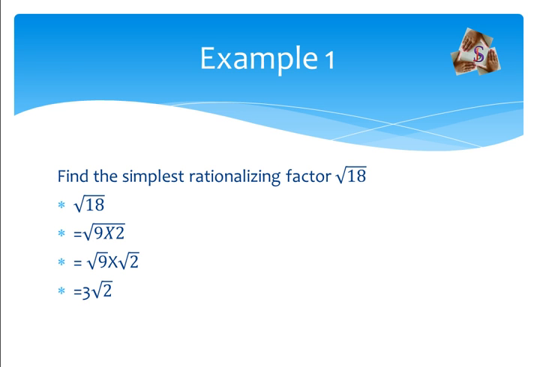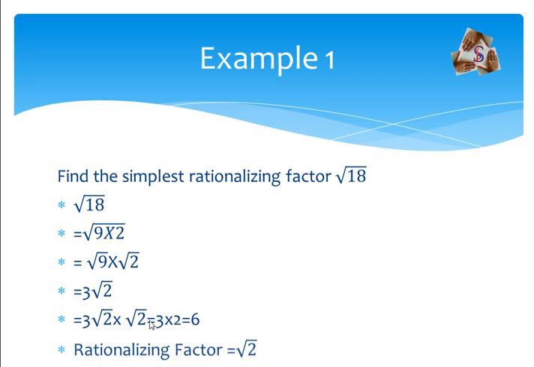So I will multiply it with root 2. So one irrational number multiplied with another irrational number, and what is the product that I am getting? That is 3 into root 2 into root 2 is 2. So it's 3 into 2, that is 6. So I am getting a rational number. Therefore, root 2 is the rationalizing factor here.